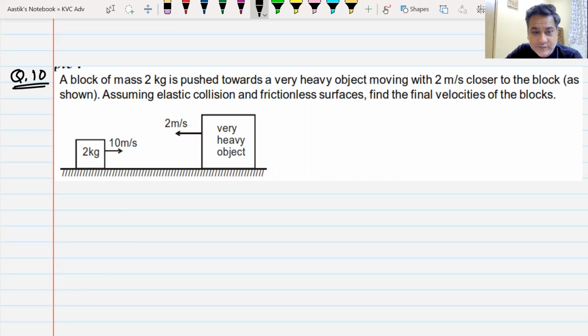The second one is obviously right. Sir, V1 is 2 meter per second, V2 is minus 6 meter per second. That is also wrong. Everyone has got the velocity of this one correct, but everyone has also got the velocity of this one wrong. I'll give you 1 more minute to do it again.